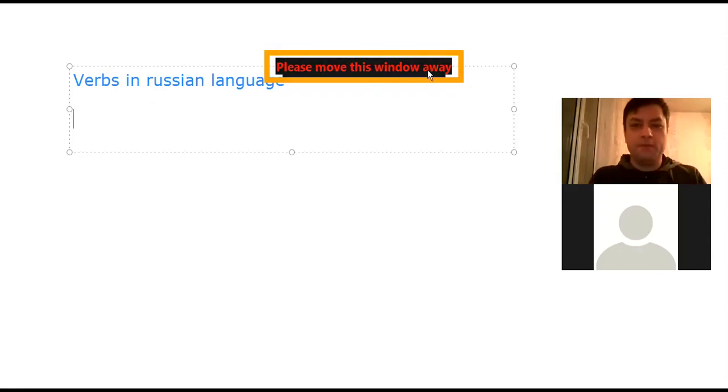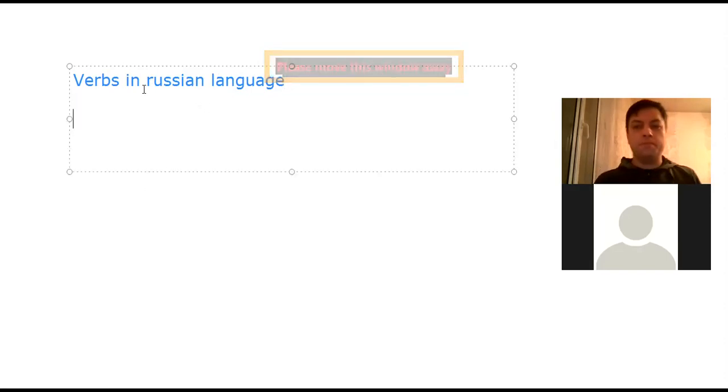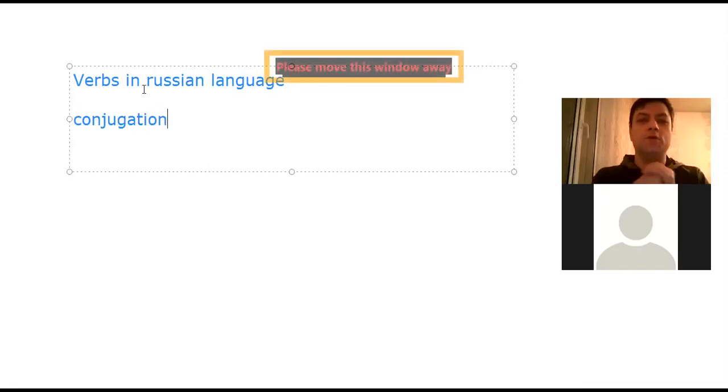Today, we are going to learn conjugation of verbs. We will learn the basics of conjugation. What is conjugation? Conjugation is a change of shape of a verb depending on the situation.